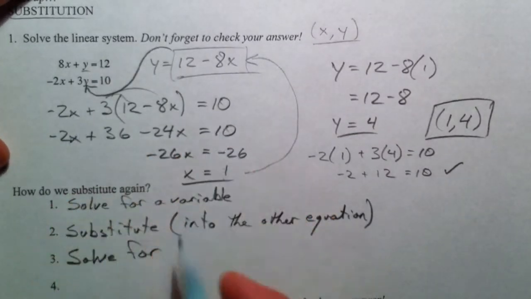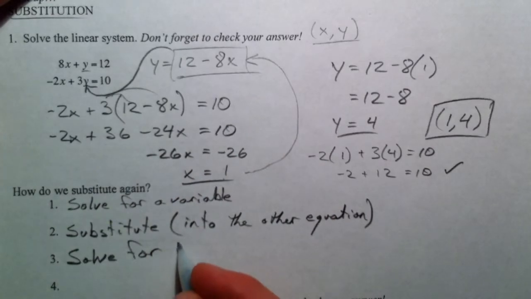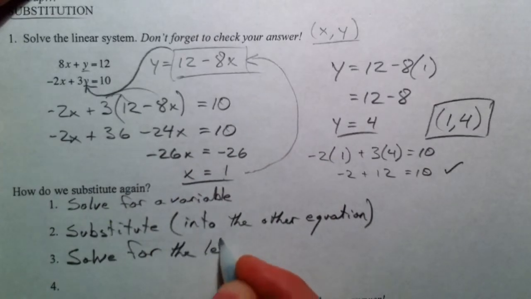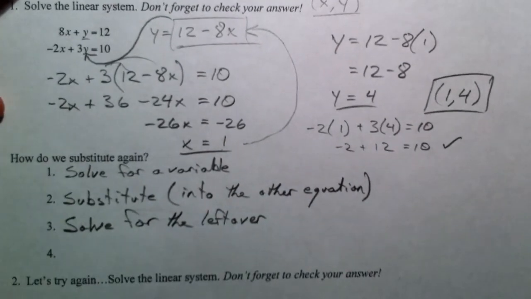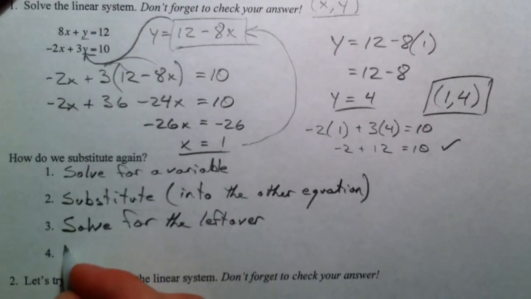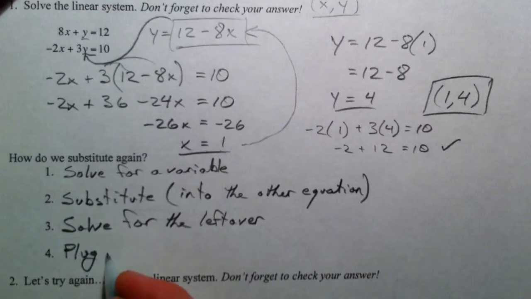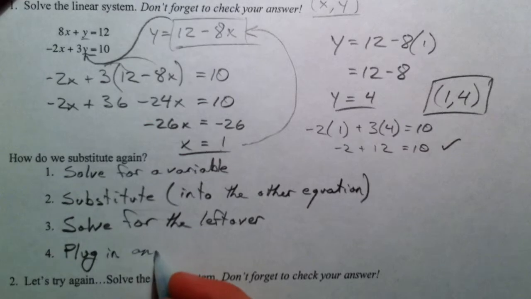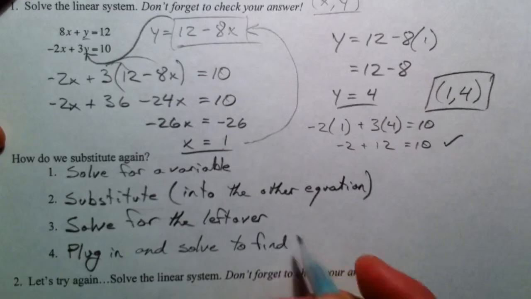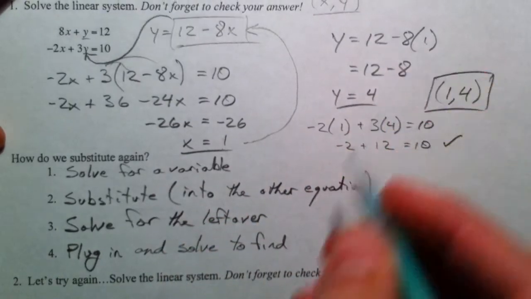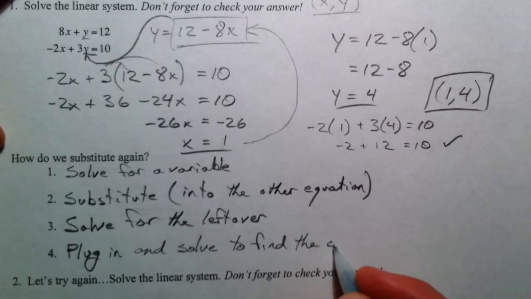So we only had x's left. We simplified it, solve for the leftover. Plug in and solve to find the other. So after we found x, we plug back in to find the other variable.